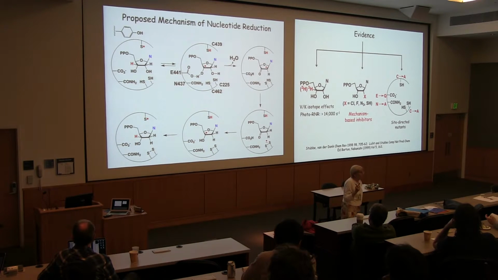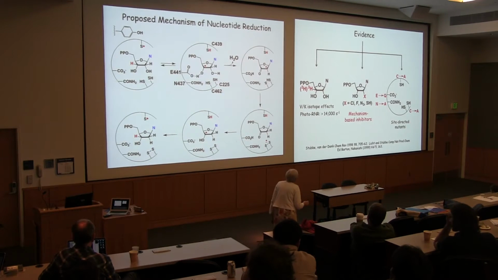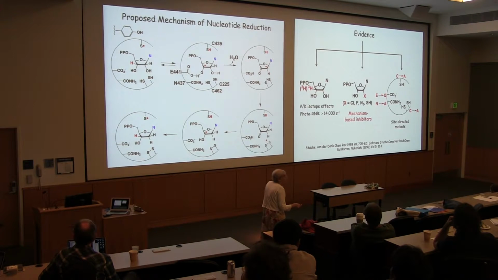The turnover of the enzyme is 5 per second. Okay, that just shows you the physical step is really important, or steps are really important. You all use site-directed mutagenesis. We use site-directed mutagenesis. You're going to see this later on. And I just told you we use mechanism-based inhibitors.